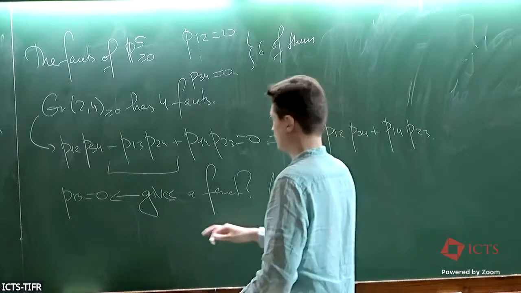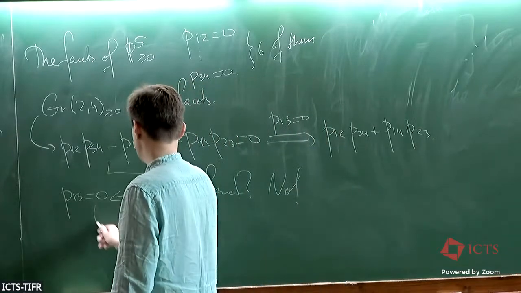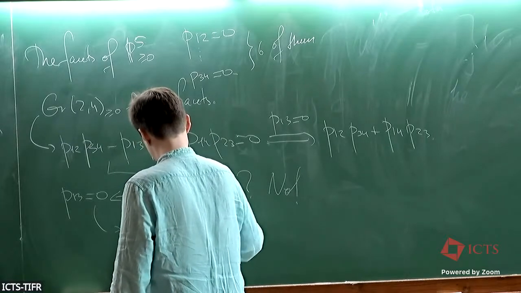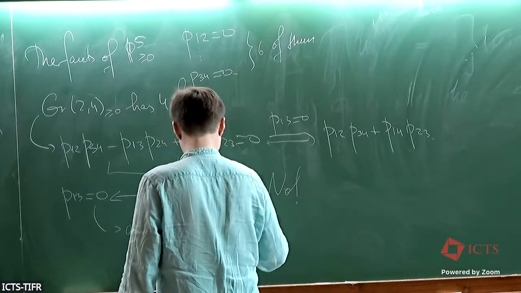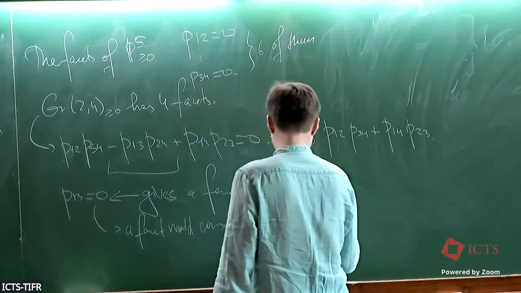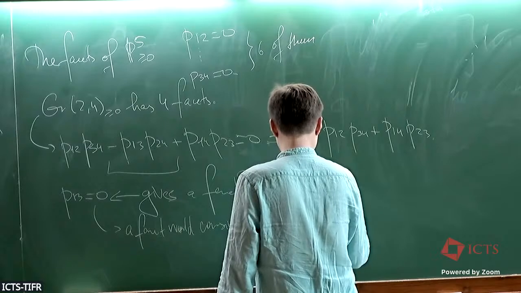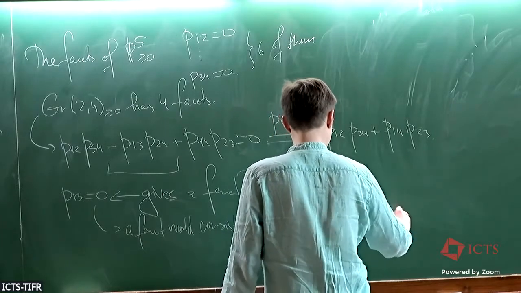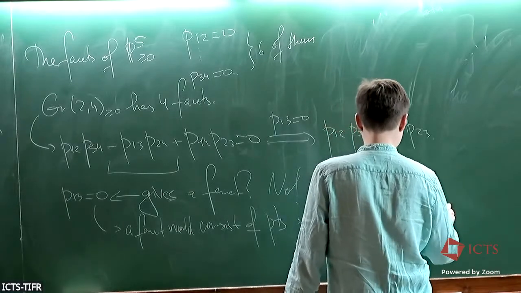A facet would consist of points such that P13 is 0 and all other Pij's are strictly positive.